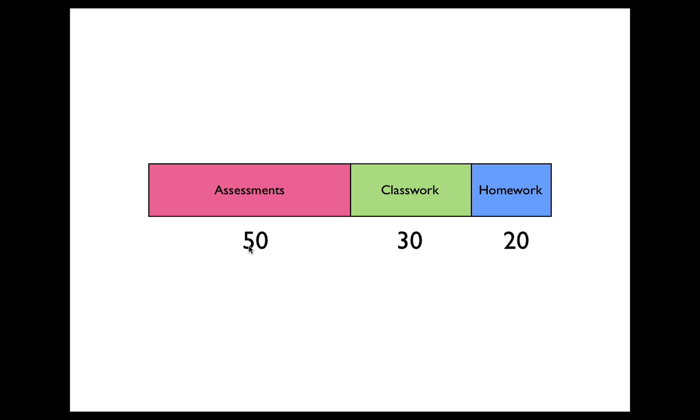So we calculated that the student earned, instead of all of the 50 points for assessments, the student only earned 31.9, leaving all of this empty space, the points that they did not earn. For classwork, they earned most of the classwork, but look at all of this empty space. And then finally, the homework, they earned only 2/3 of the total homework points, and so they have some empty space or some points that they did not earn.